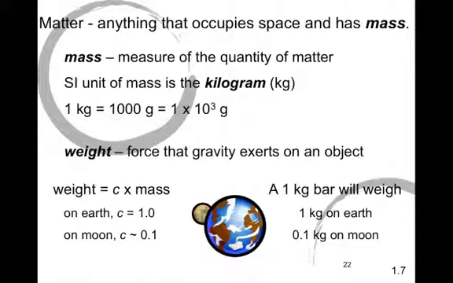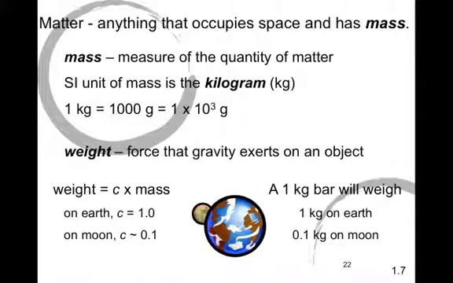And then weight is the force that gravity exerts on the object. So it all depends on what the acceleration due to gravity is. Weight is equal to gravity times mass. On Earth, g is 1, and it's about 0.1 on the Moon.